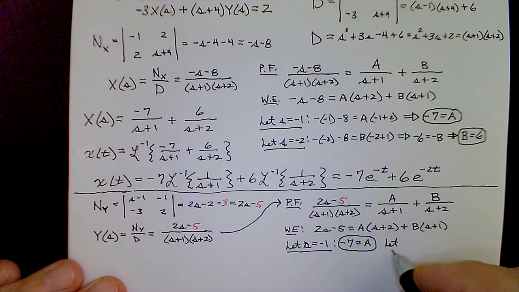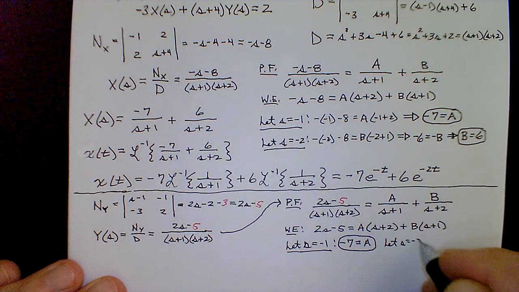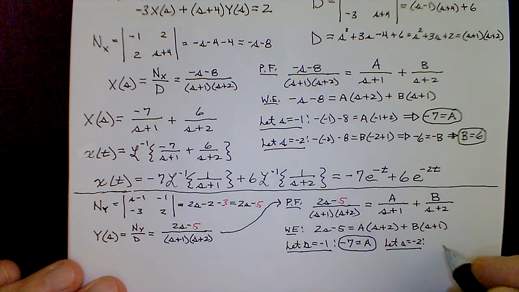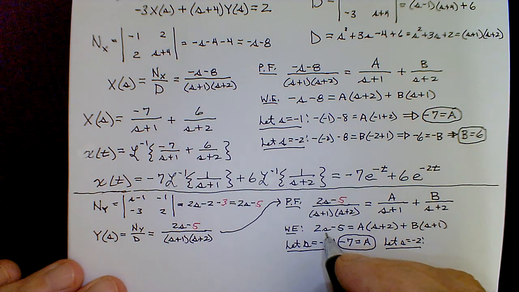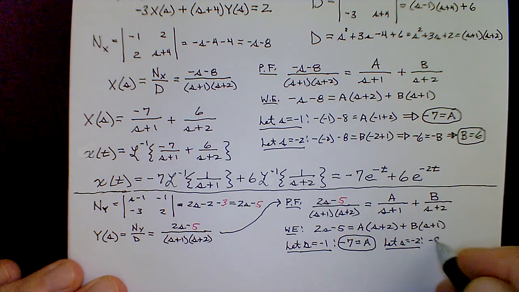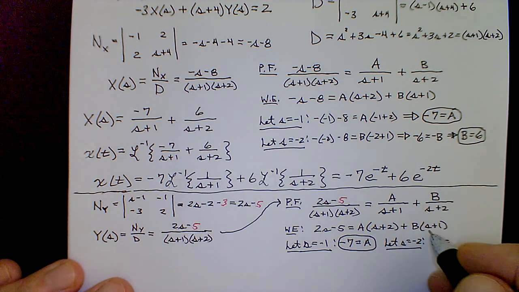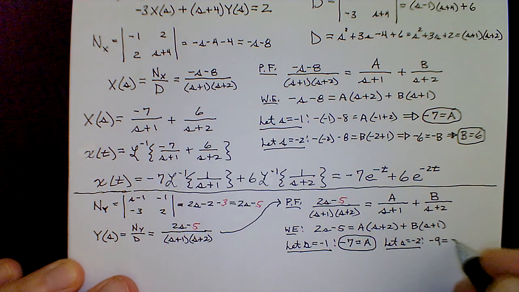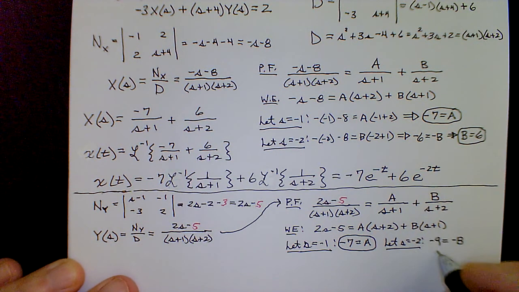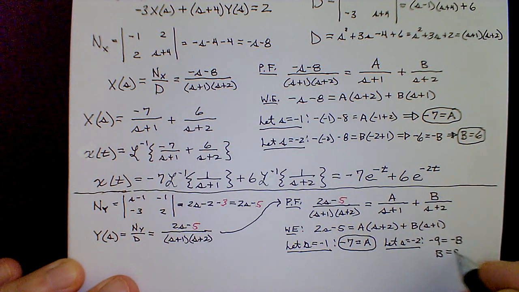Alright, and let s equal negative 2 for B. And that'd be minus 2, minus 5, minus 9 equaling minus B. So B is positive 9.